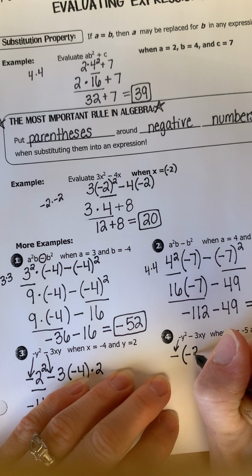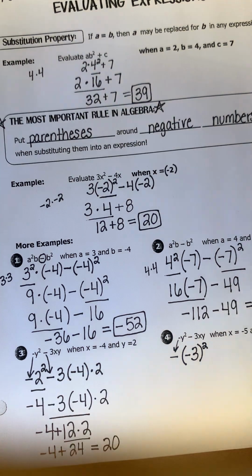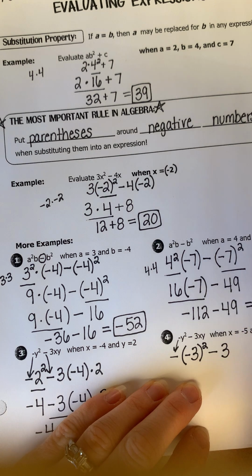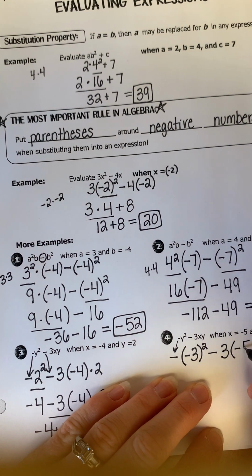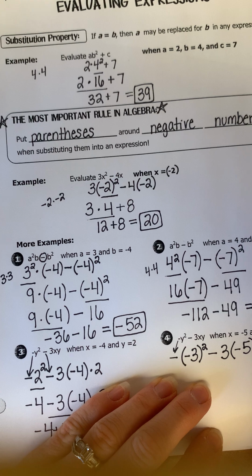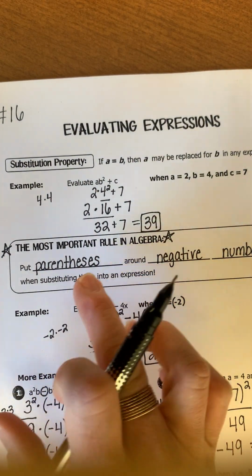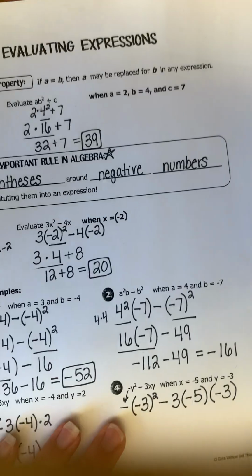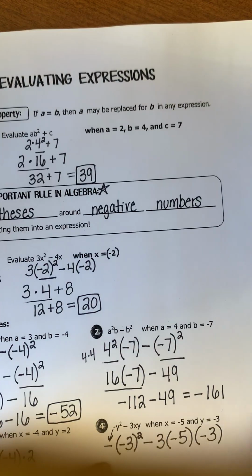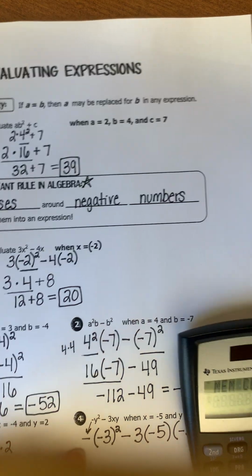So inside parentheses and squared, minus 3 times x times y. Remember, negative numbers in parentheses. Very, very important. If you don't do that in this lesson, it's going to get ugly fast.